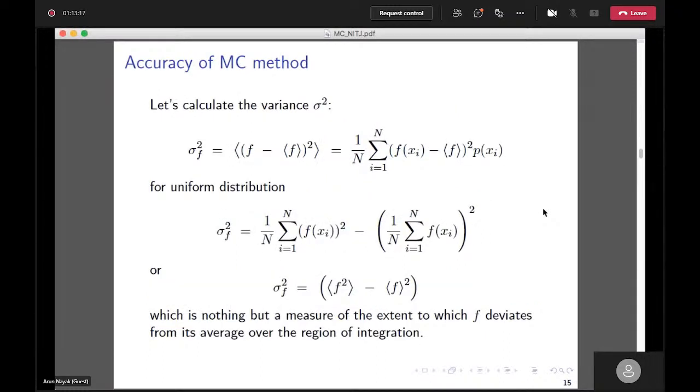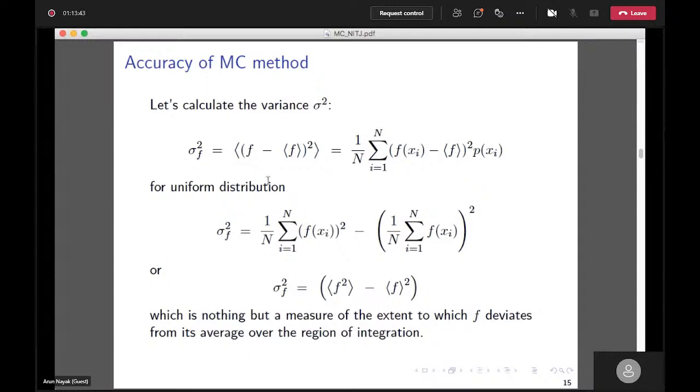Okay. So let's see what the accuracy of such methods is. Let's calculate the variance, the sigma square of your function. So sigma square we can write like this, right? Which is 1 over n times the sum over (f(xi) minus the mean of f) squared times p(xi), where p(xi) is your PDF.